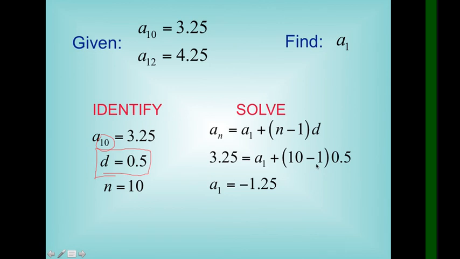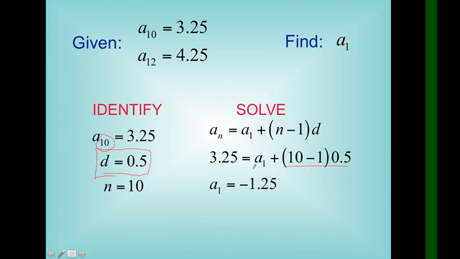Then, 9 times 0.5 and that's 4.5. Right? And if 4.5 is the product of 9 and 0.5, that's 4.5. If I move it, it becomes negative 4.5. Right? So, we have 3.25. If you have a calculator, please compute 3.25 minus 4.5, and you will get negative 1.25.